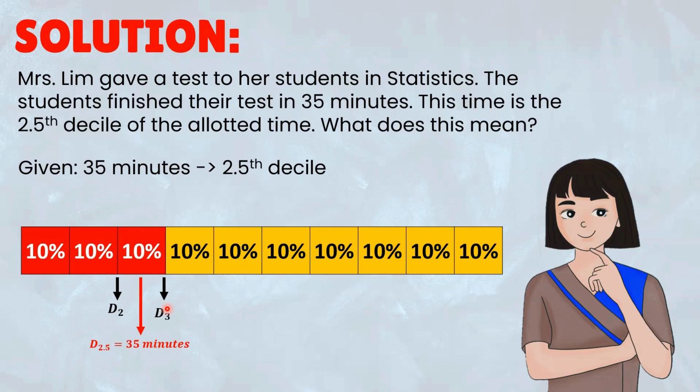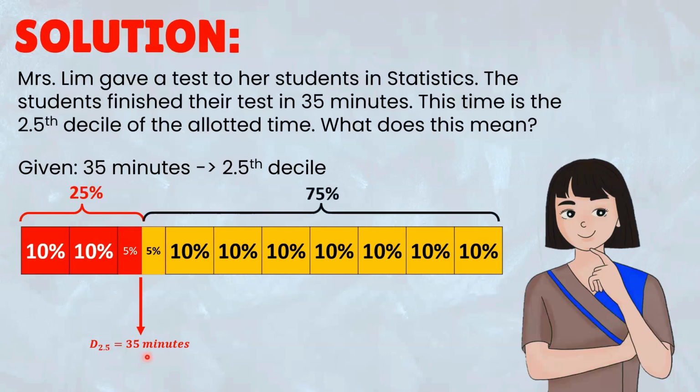So to interpret this, 35 minutes, which falls on the 2.5 decile, means that 25% of the students finish the test on or before 35 minutes, and the remaining 75% of the students finish the test on or before 35 minutes.